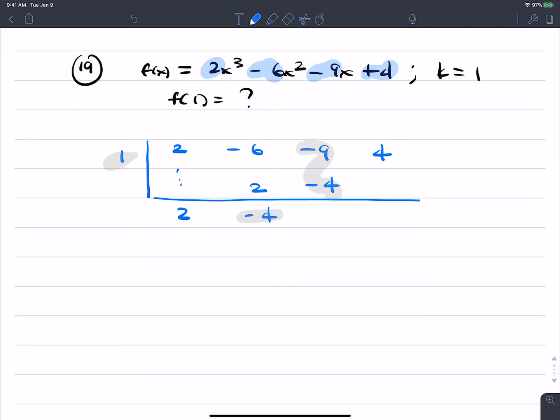Negative 9 plus negative 4 is negative 13. We repeat the process. 1 times negative 13 is negative 13. 4 plus negative 13 will give you negative 9. Okay. This is what this means.